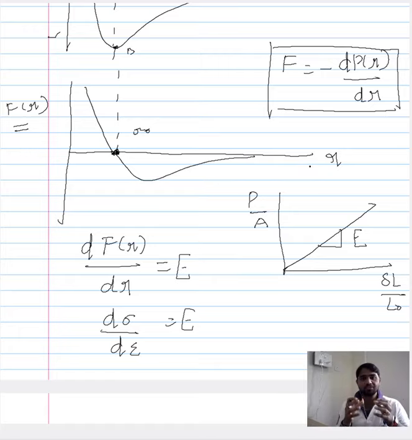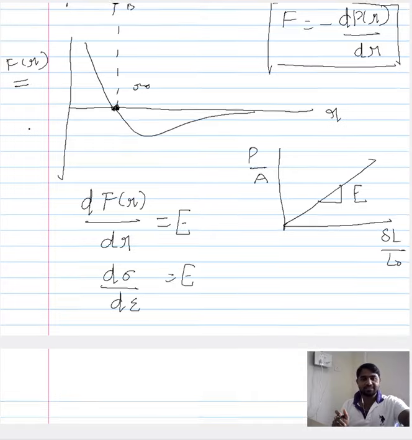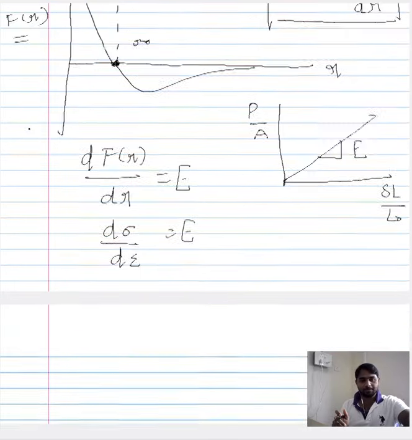By translating that force and interatomic distance to the macroscopic scale of load and elongation, or stress and strain, we saw that the slope for a marginal change in the distance between the atoms translates to the Young's modulus. When we then translate that understanding from the macroscopic scale to the atomistic level, we end up with a relation that the first derivative, or the slope, of this force curve is nothing but the Young's modulus.